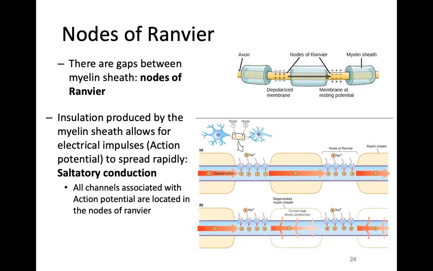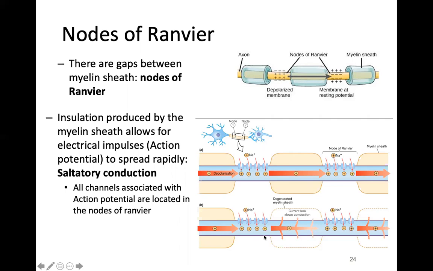Added to that is the fact that these cells are myelinated. They have that insulation, so you can maintain that positive charge inside the cell until you reach the next node of Ranvier.